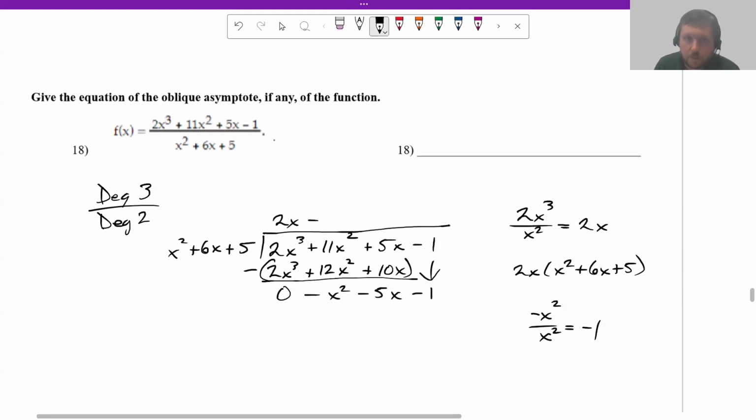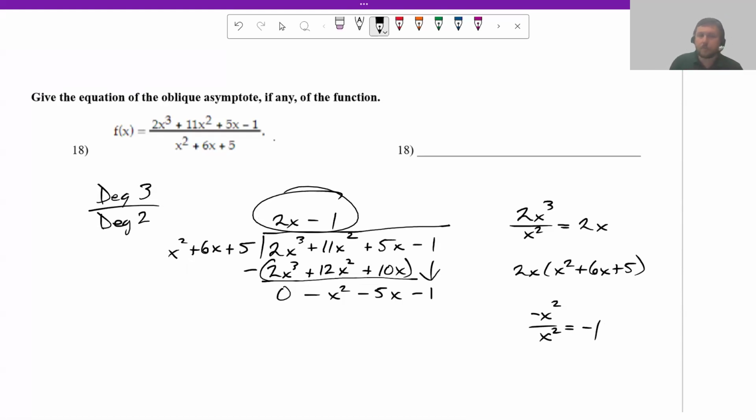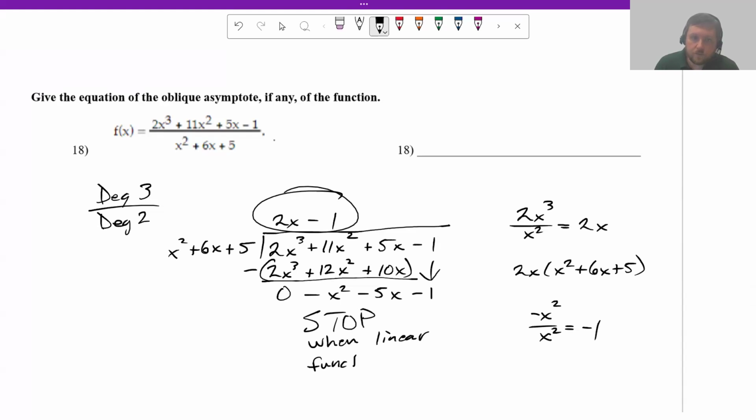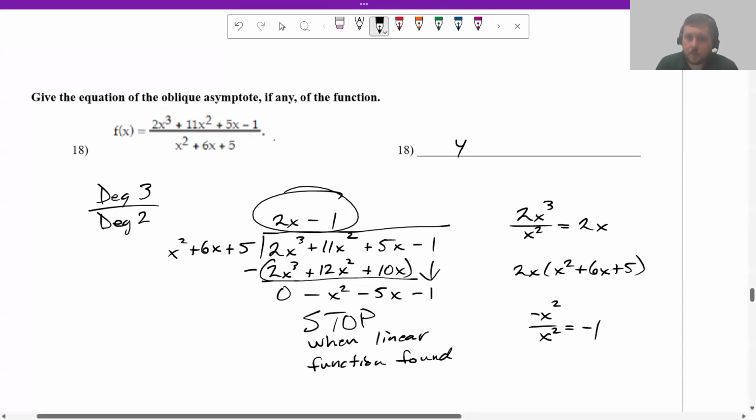And I put a -1 up here. As soon as you have that linear function, you stop. You don't need to complete the long division. We don't care about the remainder here. So my linear function is y equals 2x minus 1, and that's my oblique asymptote.